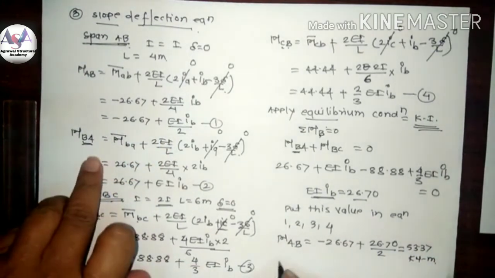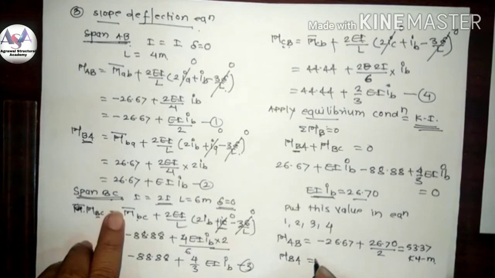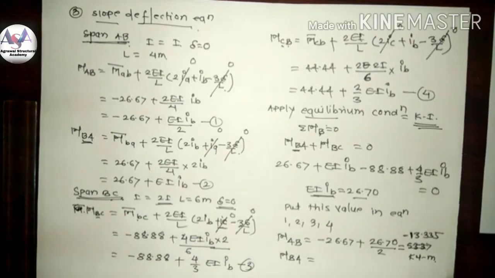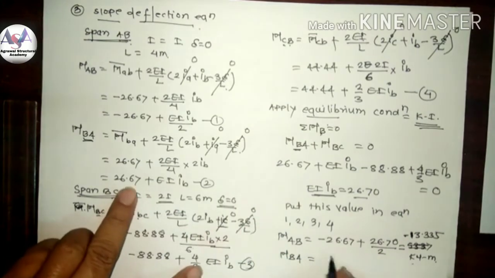In the same way, if you put this value, we'll get MBA is equal to 53.37 kilonewton meter.